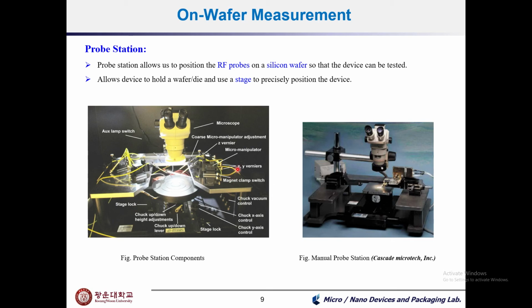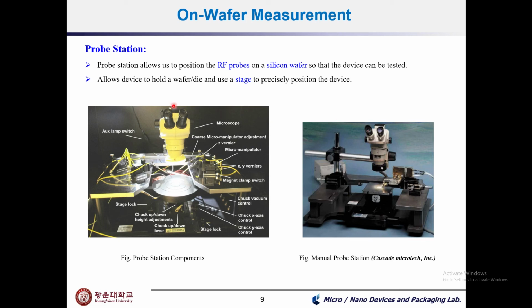Here are the micro manipulators, which can detect small amounts of vibrations and move in X, Y, and Z motions. So this is the typical probe station. The major function of the probe station is to allow us to position the RF probes on the silicon wafer, so that we can test the device.